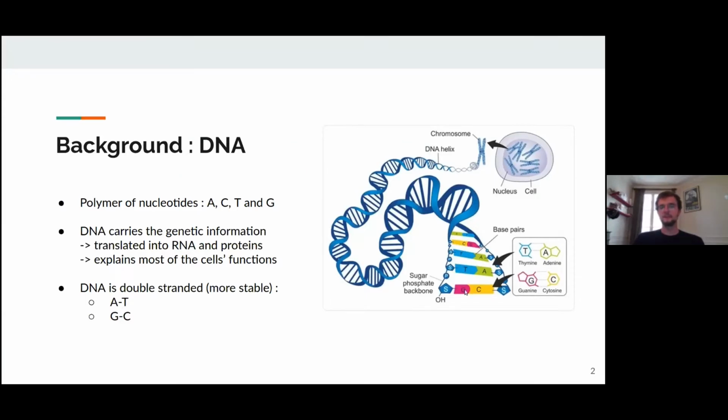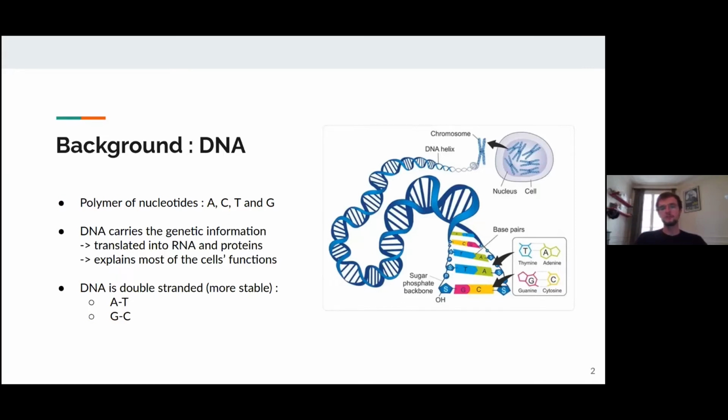DNA is a molecule that most of you already know, and it's a polymer of nucleotides. These nucleotides are basically little chemical groups, and they pair together. There are only 4 types of nucleotides, and basically they encode the genetic information.